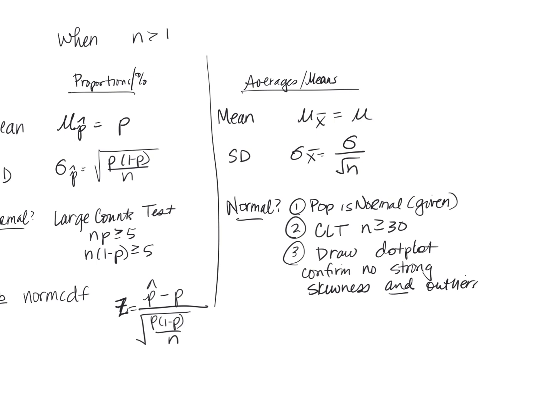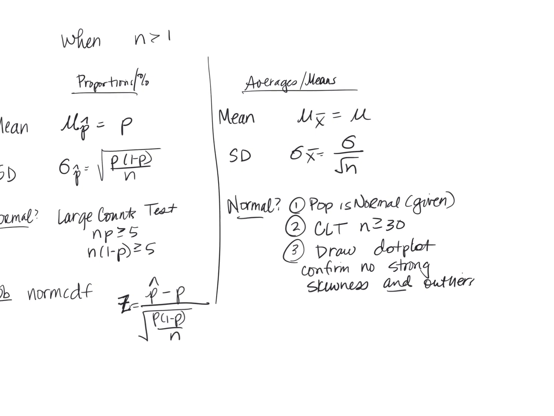If there's strong skewness and outliers, then you can't use the normcdf stuff, but you would just have to prove it by making a dot plot. This doesn't happen very often, and if it does happen, it's usually given to you. So you just have to make a statement of, oh, based on the dot plot, blah, blah, blah.